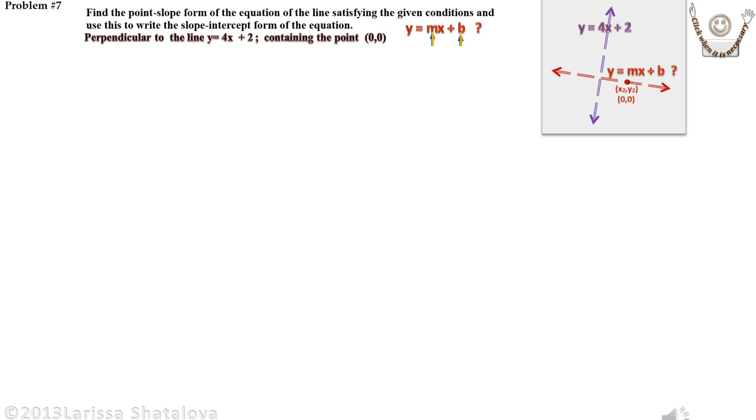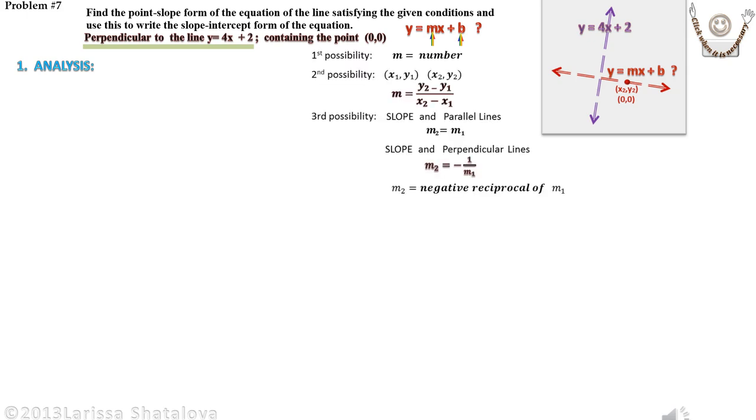So the first question is about slope. Analysis. Our line is supposed to be perpendicular to the line whose equation is y equals 4x plus 2. If you are looking for slope, as you remember, we have three possibilities.